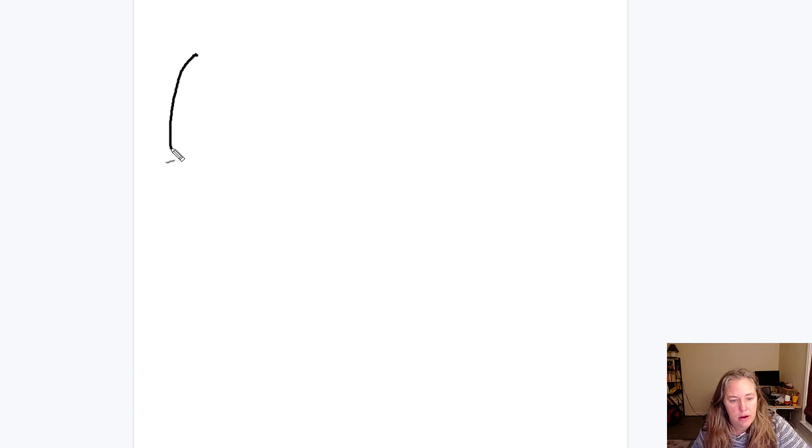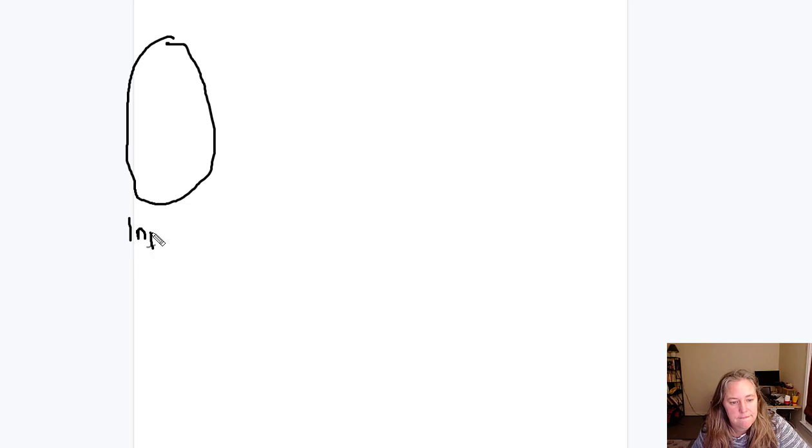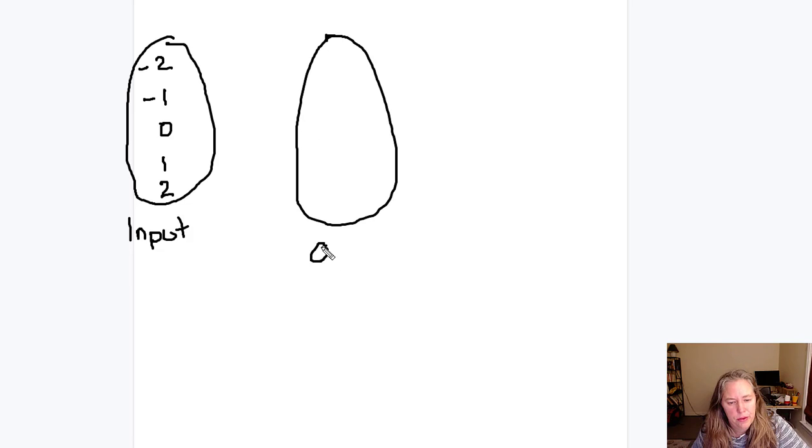Okay, so another example of a mapping, if this is our input, actually, hang on. Sorry, I forgot I wanted to do negatives. If this is our input, let's do -2, -1, 0, 1, 2. And here's our output.